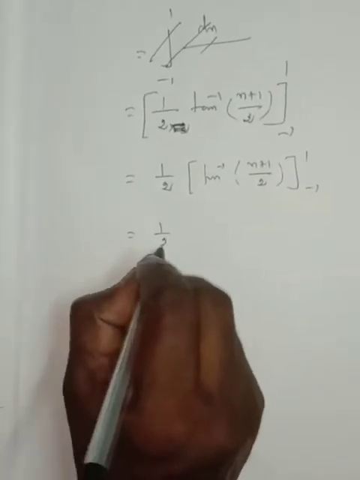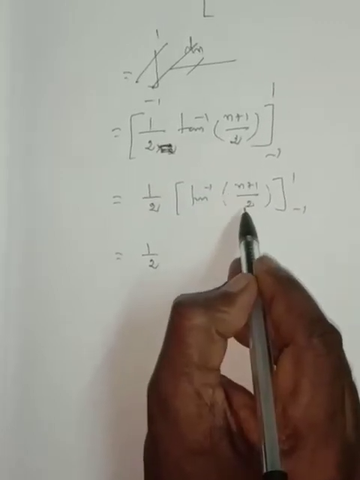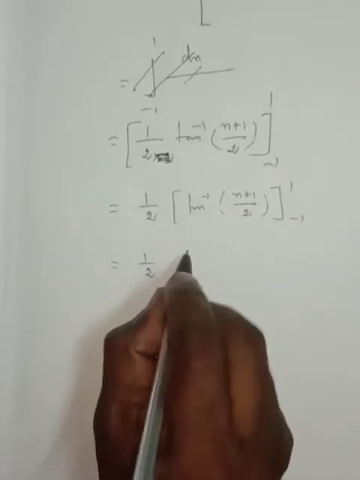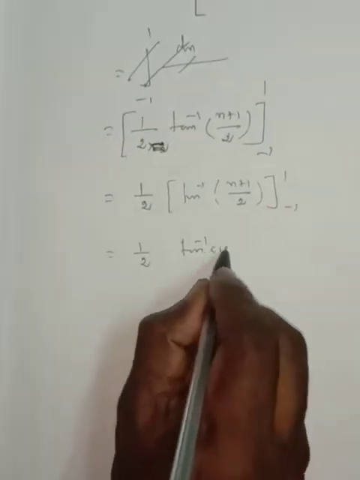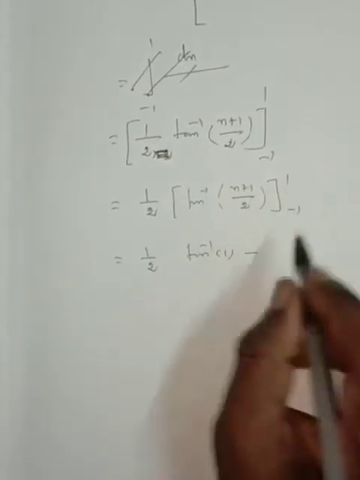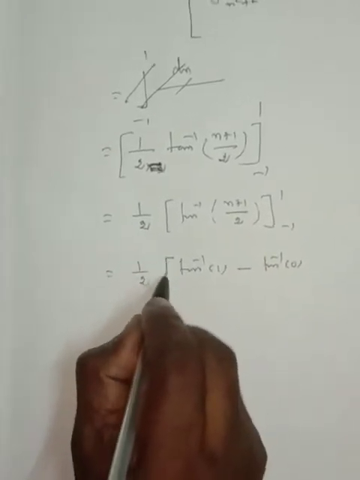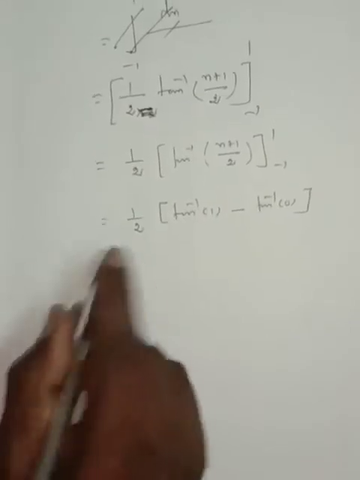Apply the upper limit: 1 plus 1 is 2, 2 divided by 2 is 1, therefore tan inverse of 1, minus, 1 minus 1 is 0, tan inverse of 0 is 0.